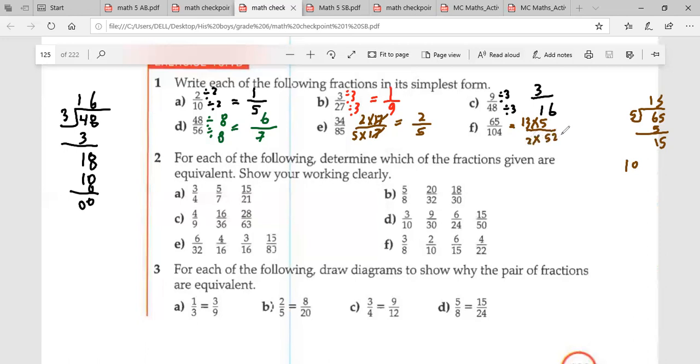I know 52 has a relation to 13, so I can divide it by 13. Why do I say 13? I want to cancel one of them.